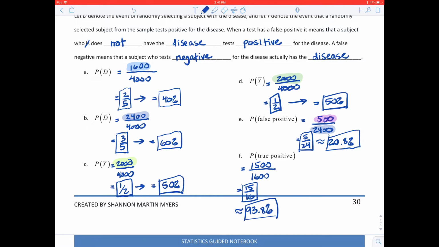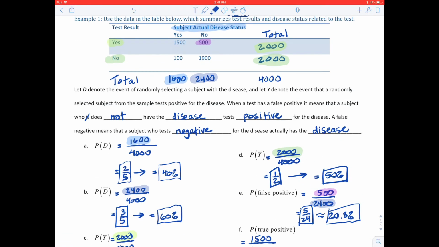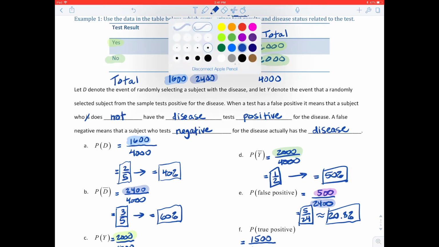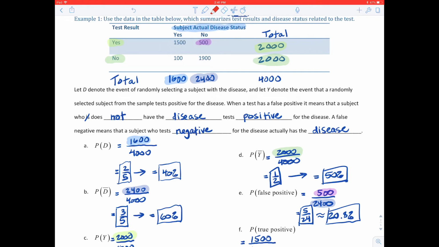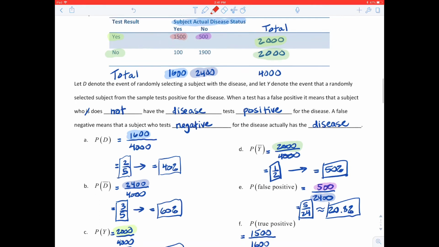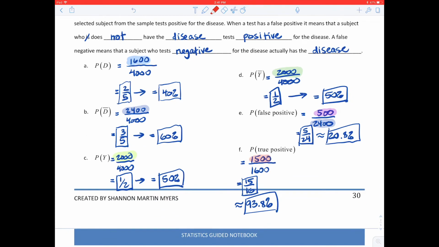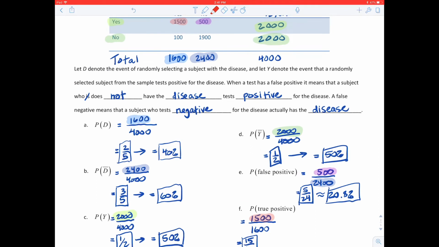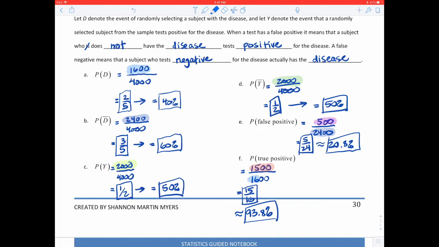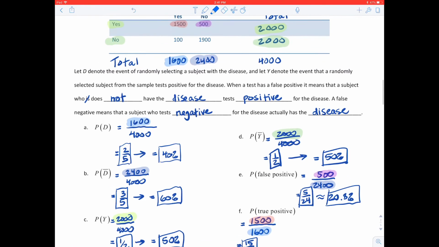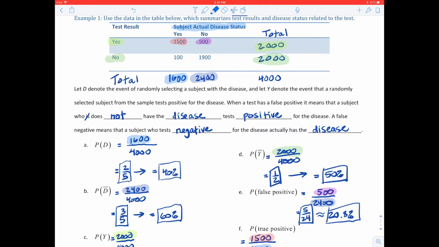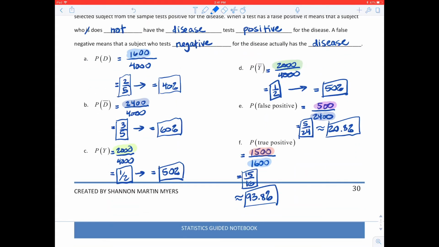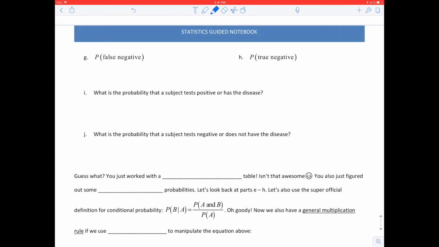Okay, and let me show you where they came from. So find another color here. So the 1,500 came from there, and then that 1,600 was from the earlier part. Remember where we found that 1,600 folks had the disease. Now we'll be going back and forth here.